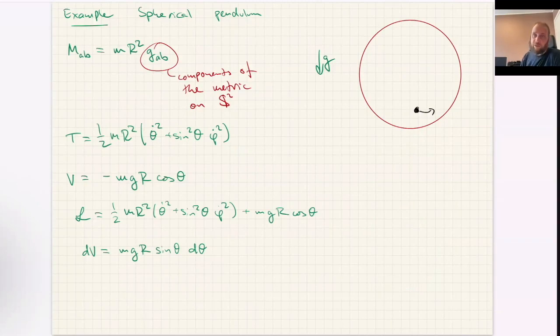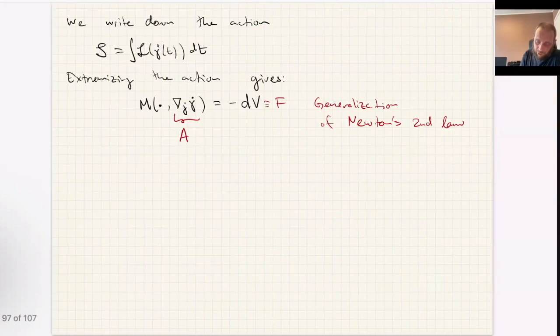Then I can use this to write down the equations of motion just using this generalization of Newton's second law.